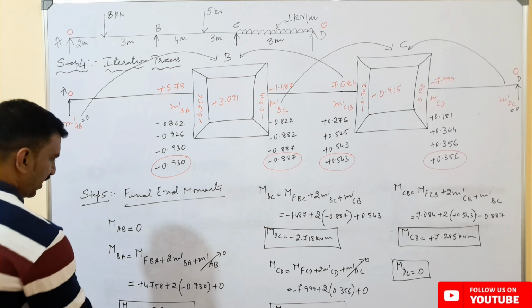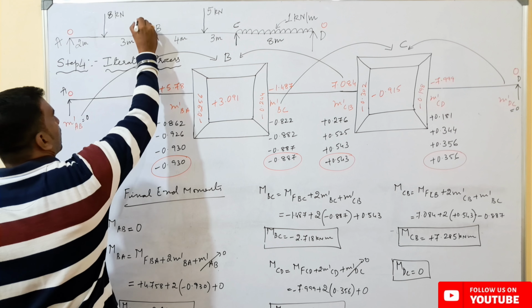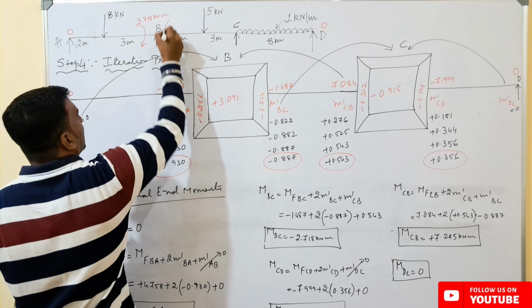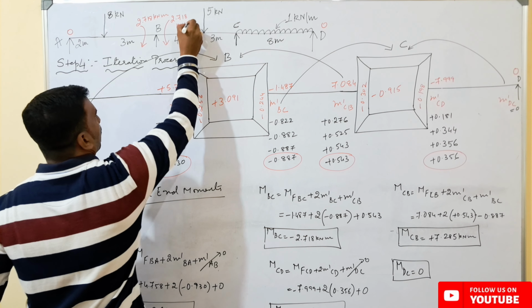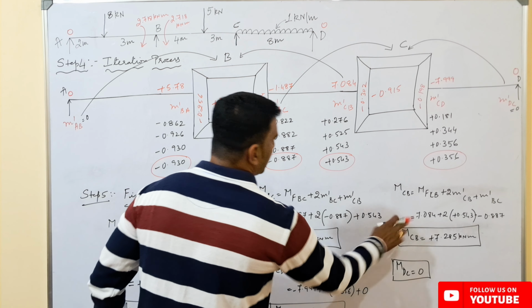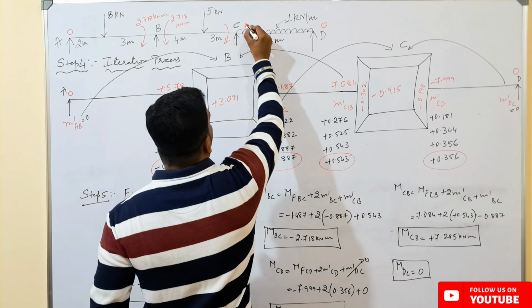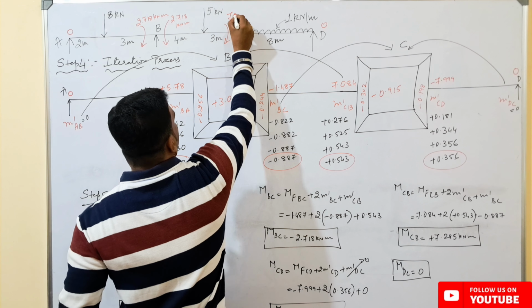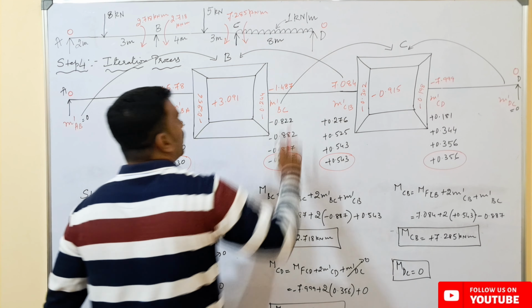Now from B to A we are having a clockwise rotation here, which is 2.718 kilonewton meter. Here it is negative 2.718 kilonewton meter from B to C. Here we have calculated. So from C to B is positive, having a value of 7.285. Here it is negative, minus 7.285. So here it is 7.285 kilonewton meters. So here this value is 0.